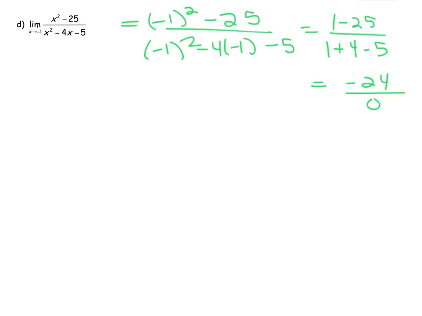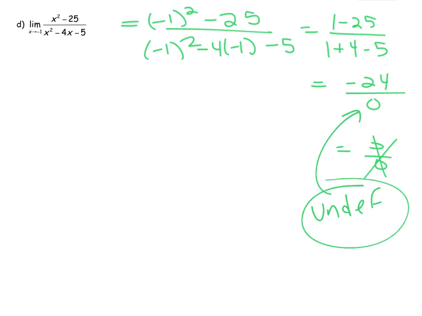Recognize this is not indeterminate form, so this is not 0 over 0. So I'm actually looking at something that's undefined. Meaning, again, we have a vertical asymptote, and I want to figure out the behavior of it. Is it approaching infinity? Is it approaching -infinity? Like, what's going on?